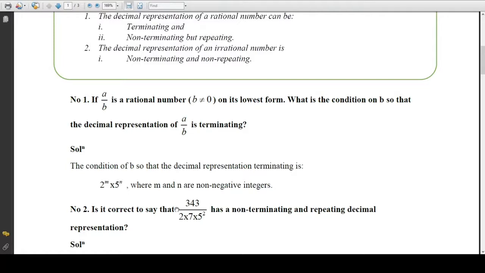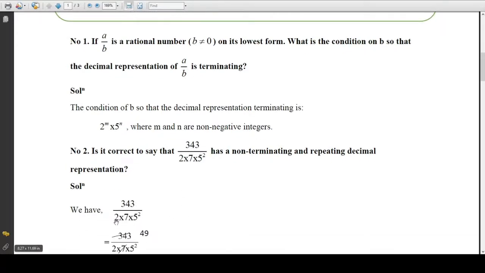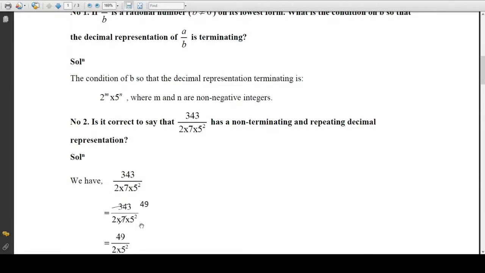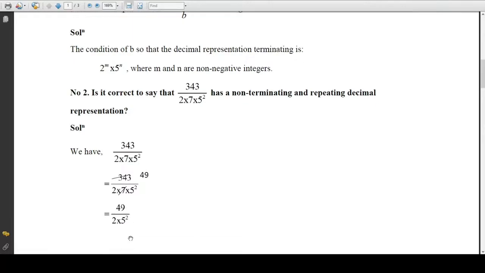Clear? Now going to number 2: it is correct to say that 343 divided by 2 multiply 7 multiply 5 square has a non-terminating and repeating decimal representation. First check whether this rational number is in the lowest terms. We have 343 by 2 multiply 7 multiply 5 square. 7 cancels with 343, giving 49 by 2 multiply 5 square.